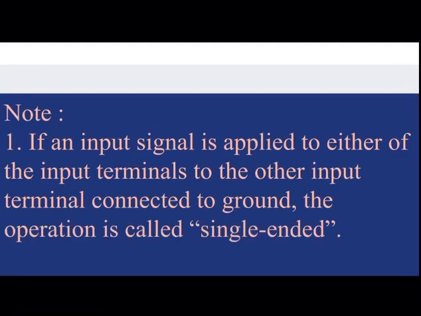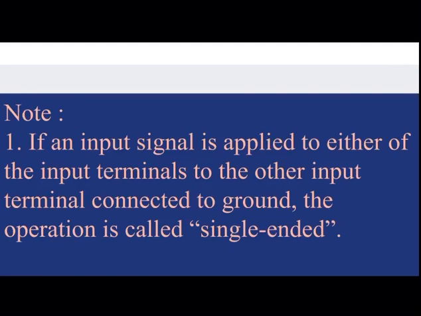As you can see, we have some important points. In this operational amplifier, if an input signal is applied to either of the input terminals with the other input terminal connected to the ground, then the operation is single-ended operation. That means in single-ended operation, a single input is applied, and it drives both the transistors due to the common emitter connection.